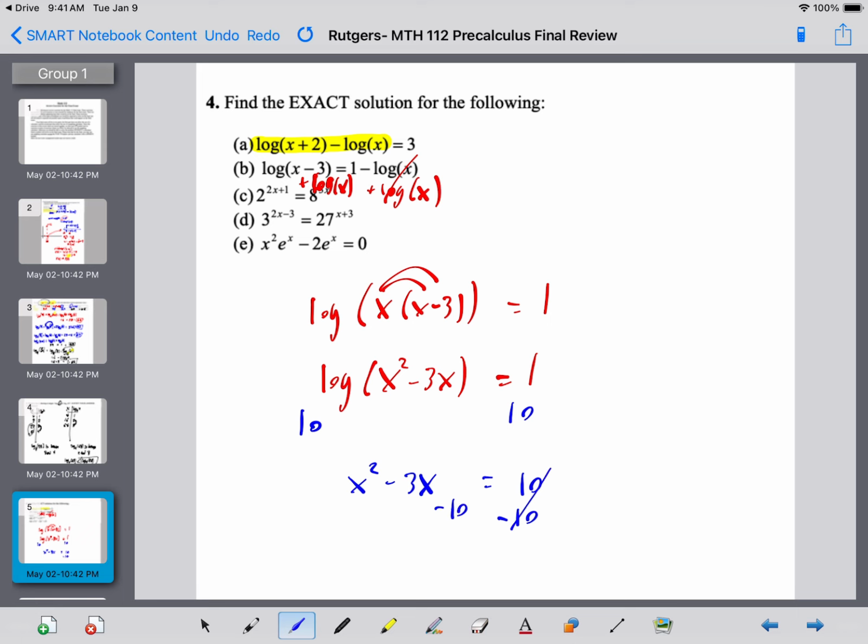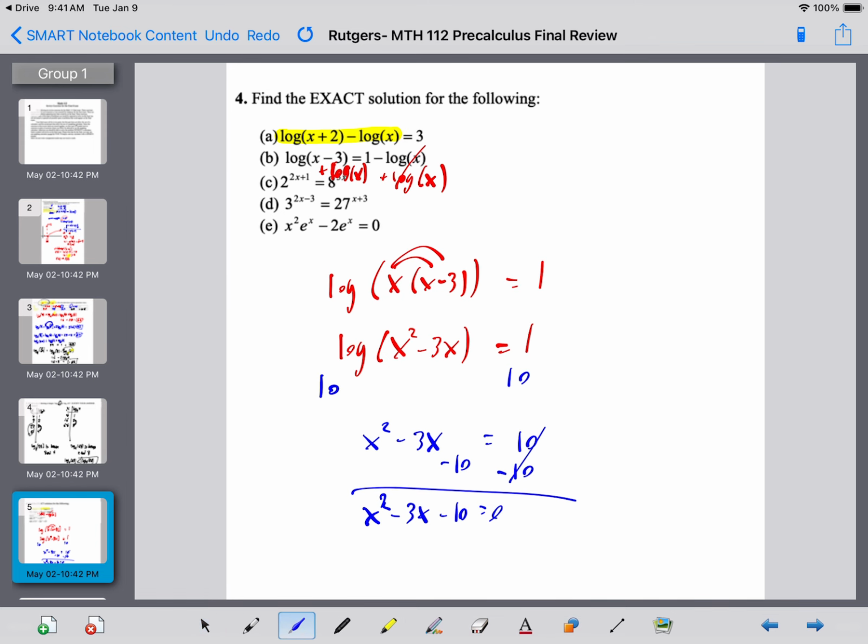Hopefully it's factorable, but it's a quadratic. So I'm going to want it to equal 0 regardless, otherwise I'll use the quadratic formula. And now, this is a negative, so it's different signs. The factors of 10 that subtract to 3 would be 5 and 2.